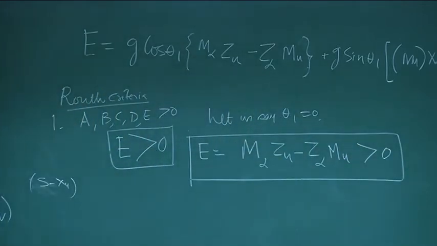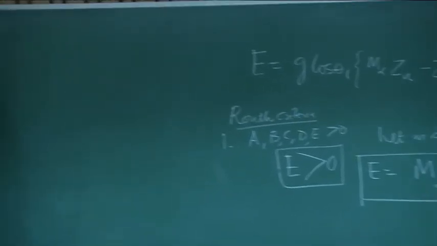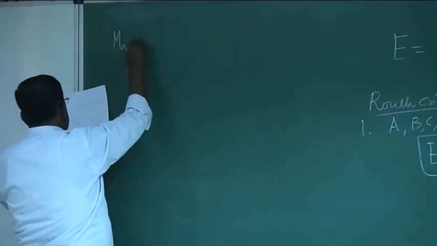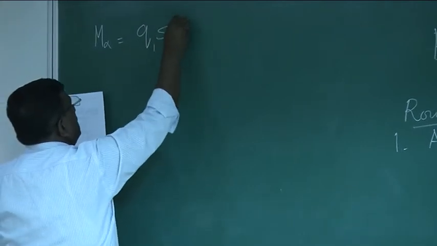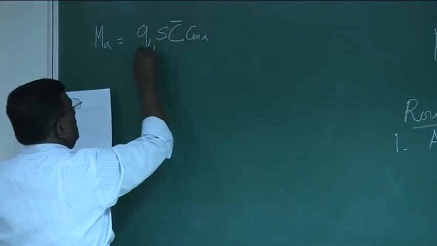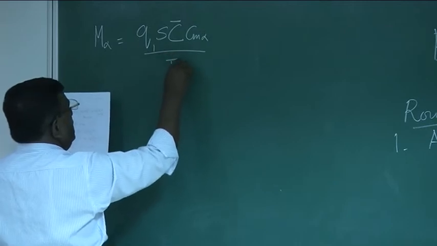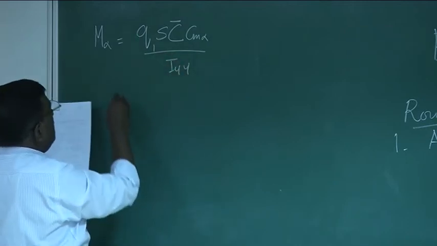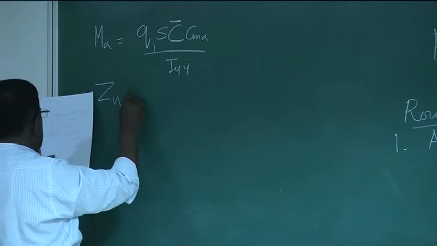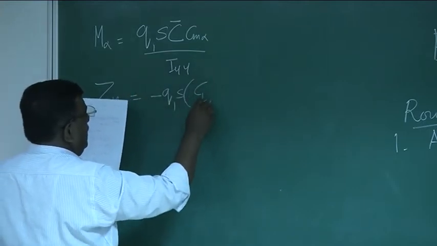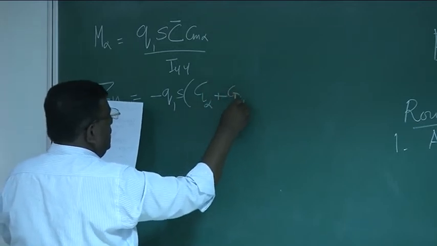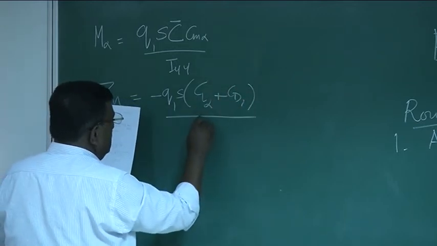The question is, what does this tell us? Let's go back. What was m alpha? M alpha was defined as Q1 S C bar Cm alpha by Iyy, and then the second term is Zu. This Zu expression is minus Q1 S (Cl alpha plus Cd1) by m.